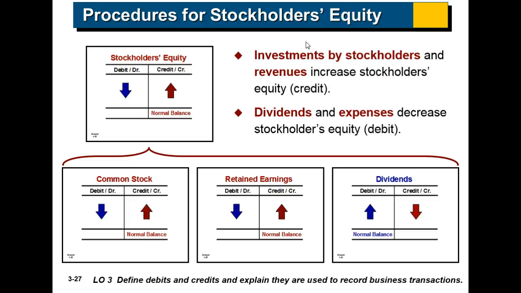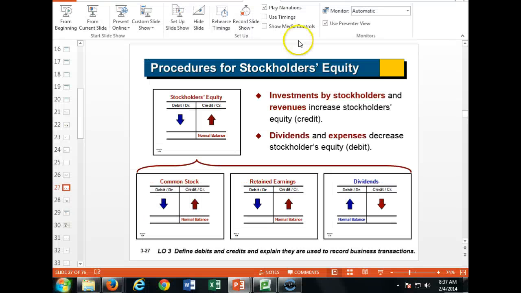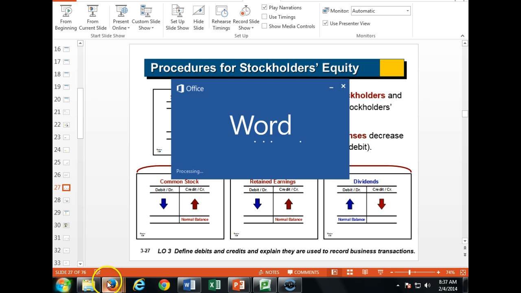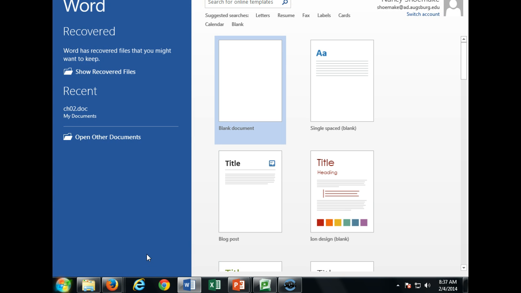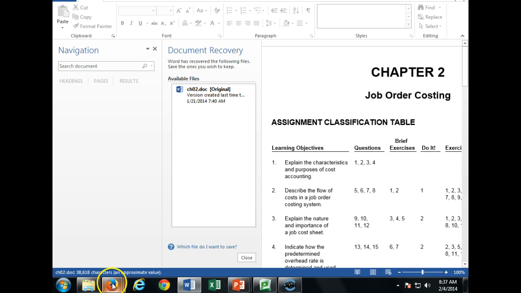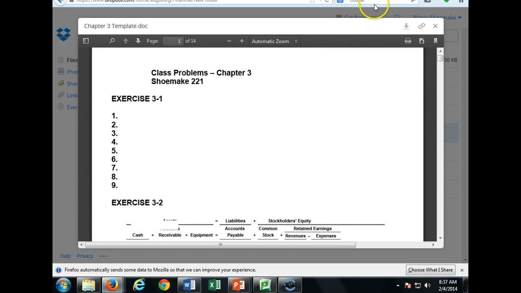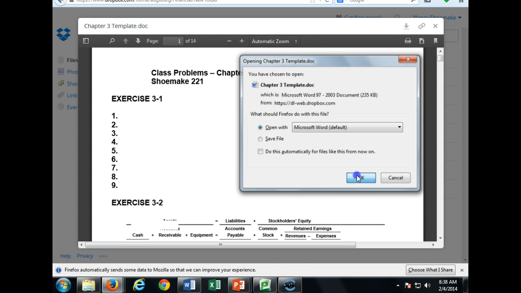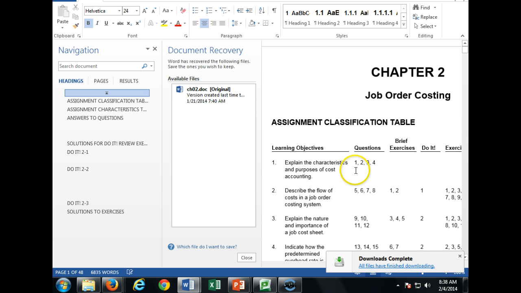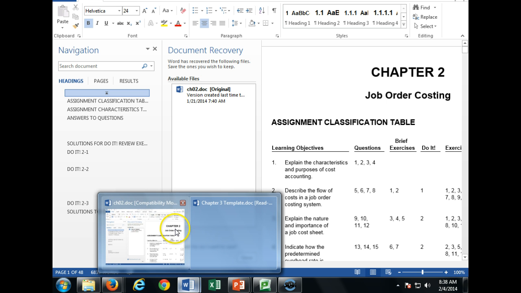Let's go through some problems right now. What is the first problem I have on your page here? Didn't I put something up here? Let me see. I thought I did. Here it is. No, that's not it. Dropbox. Template. Here we go. How do I download that? Okay. That's not what I want. What am I doing?